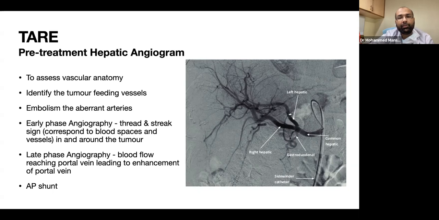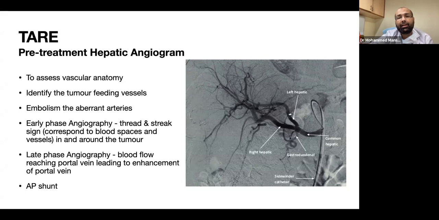And during this study, we also assess the aberrant arteries that arise from the hepatic arteries and supply the bowel loops. And there can be leakage from the peritumoral capillaries, which is seen as thread and streak sign in the early angiographic phase. And in the late angiography phase, you see the blood flow reaching directly to the portal vein.